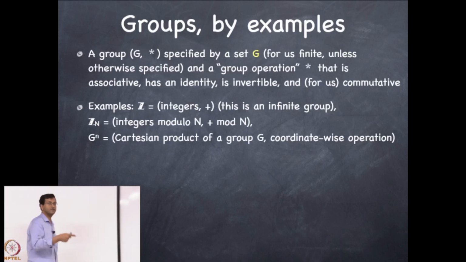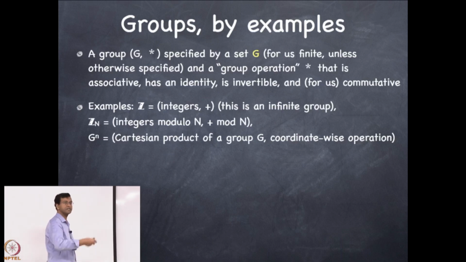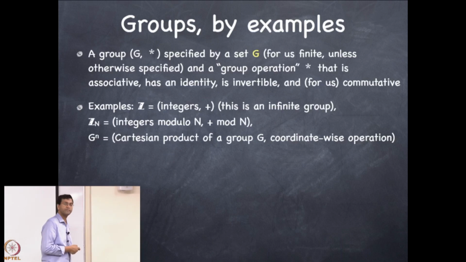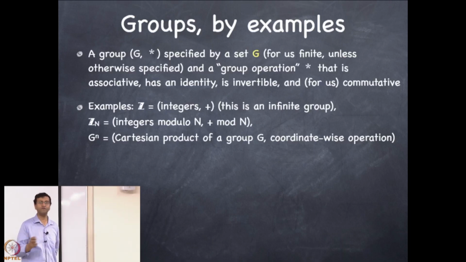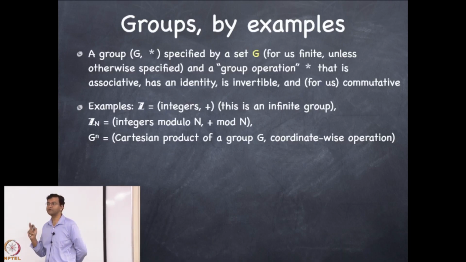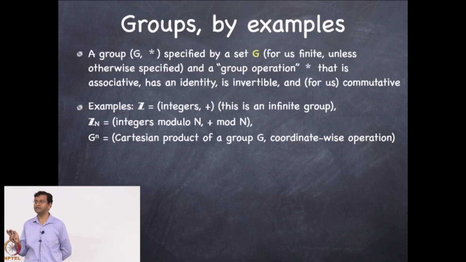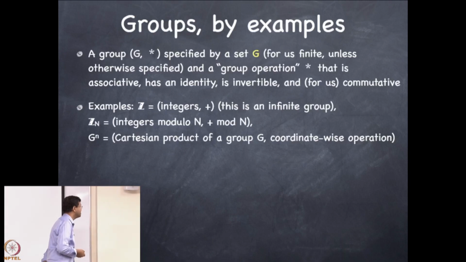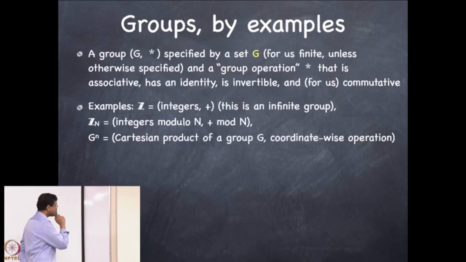You add something, and if it becomes larger than n, you subtract n from it. I hope all of you have seen addition modulo before. It's not crucial for this lecture actually, even if you haven't, but it's a very useful thing to know.